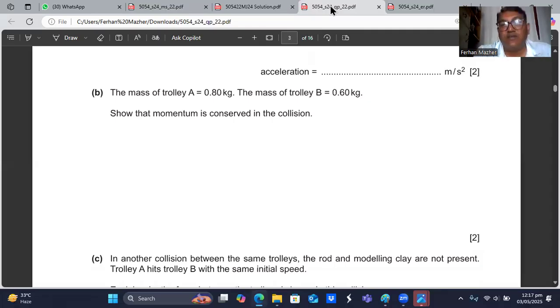The mass of trolley B is 0.60 kg. Show that the momentum is conserved in the collision. That means the momentum before the collision and the momentum after the collision are equal to each other.